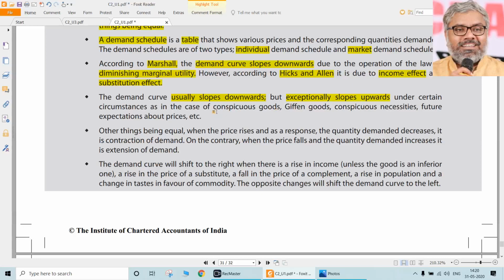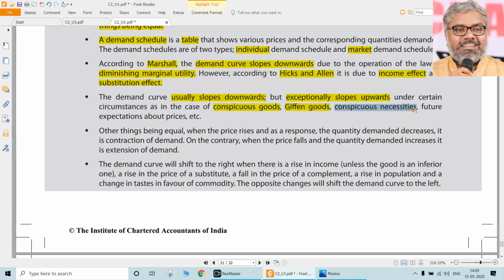Like what? For example, in the case of conspicuous goods, even though the price increases, the quantity demanded may not decrease. So the demand curve for conspicuous goods may not slope downwards. For Giffen goods, once again, the inferior goods we can call them. Conspicuous goods are also called Veblen goods. Inferior goods are called Giffen goods. There also the law of demand may not apply.